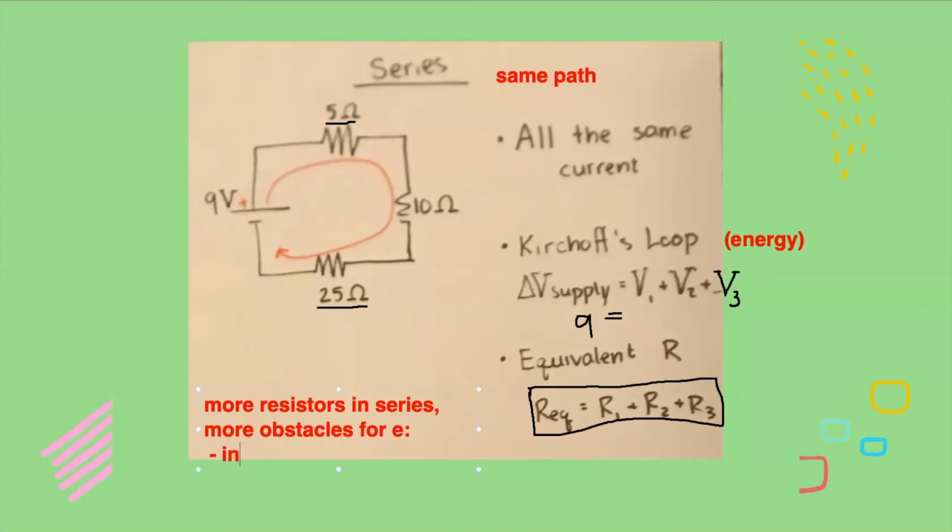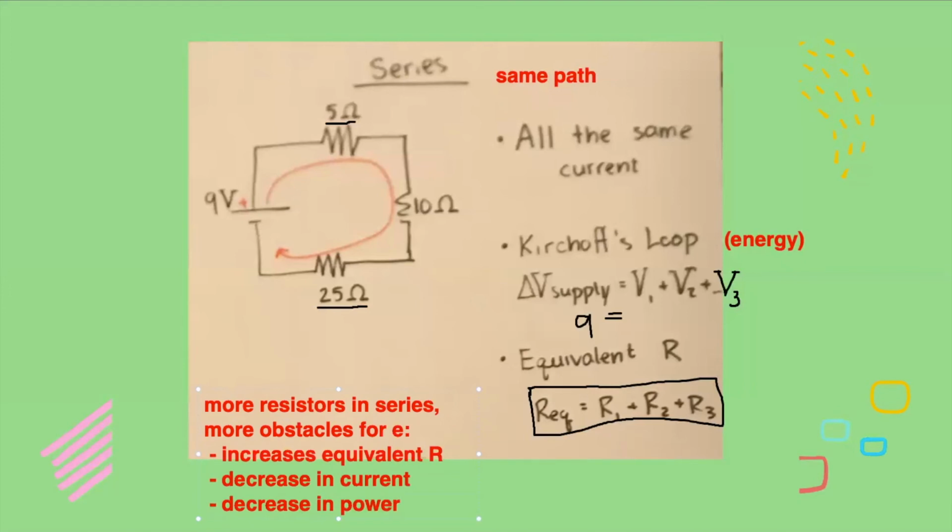Adding more resistors increases equivalent resistance, and that causes a decrease in current. And fewer electrons traveling through every second means a decrease in power. Those electrons are carrying energy through the circuit. So if you have fewer electrons, there's less energy and less power.